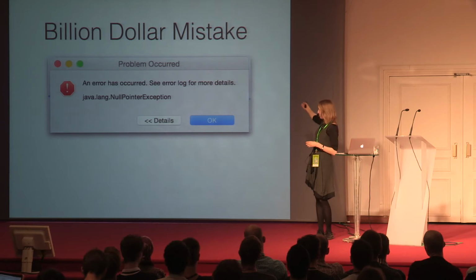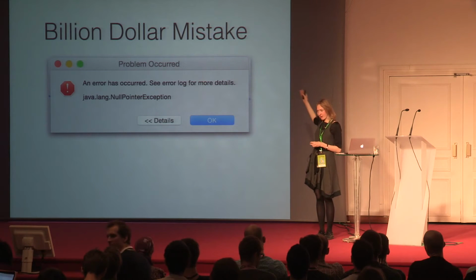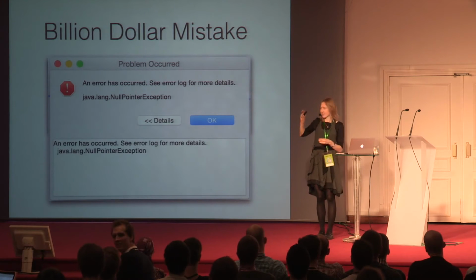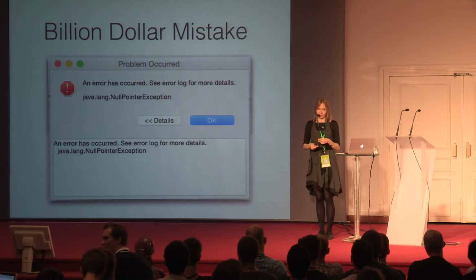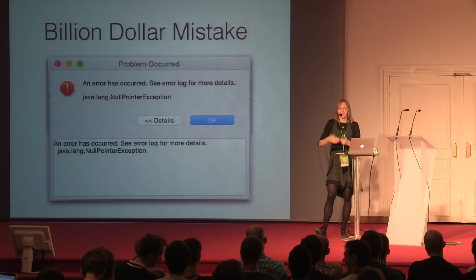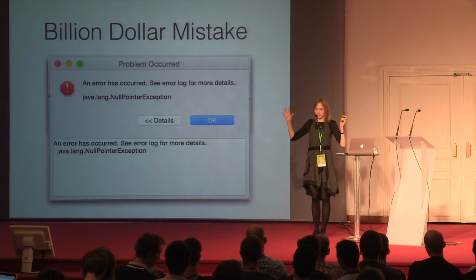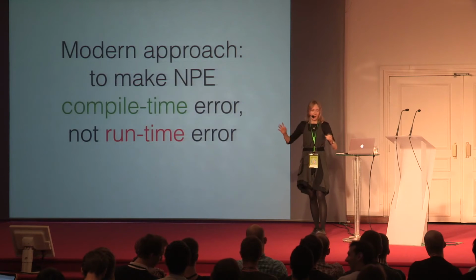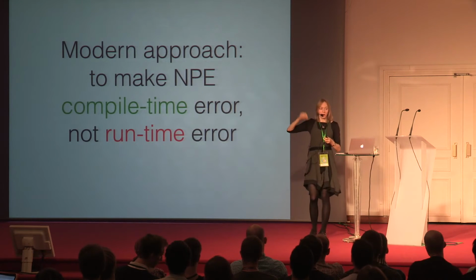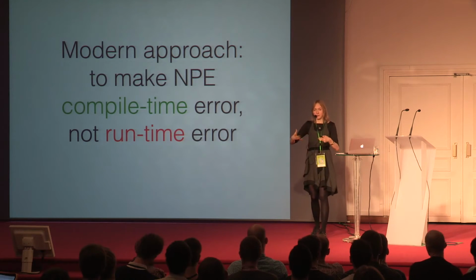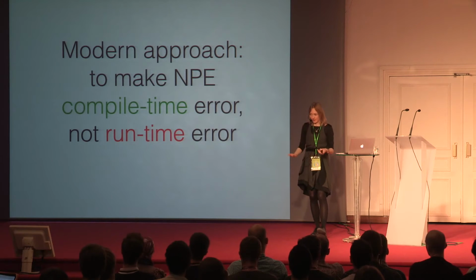Imagine you have this very informative error message, and when you press the details, it becomes even more informative. Nowadays, what we generally want in these modern approaches is to make this problem a compile time error, not a runtime error. So we want to deal with this problem during the compilation phase.